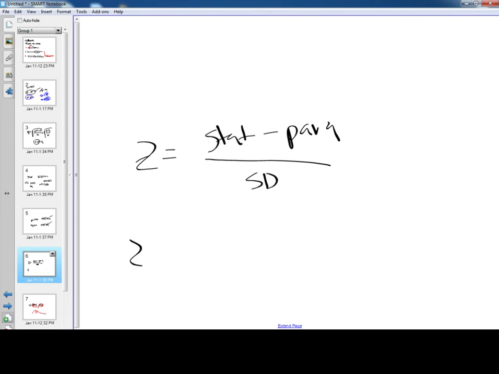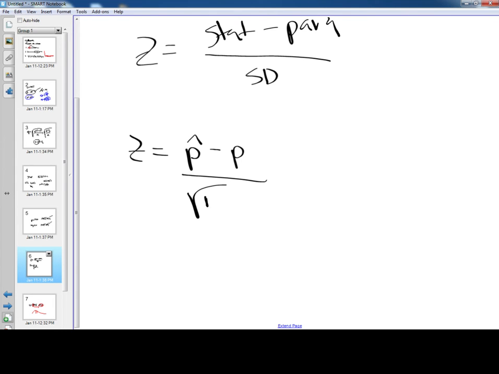Okay. So what's my stat in this case? 0.4. It's proportions, right? So I need to go p hat minus p over root pq over n. That's going to be my statistic, or my z-score in this case.